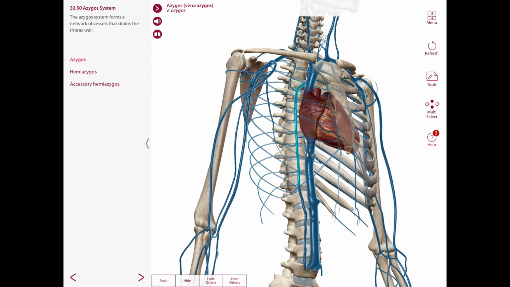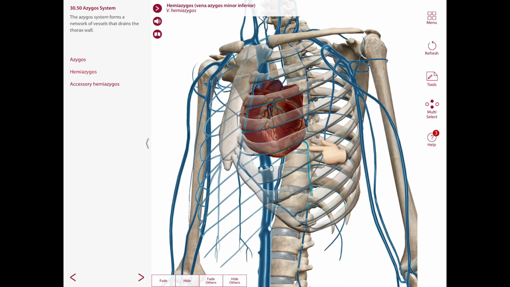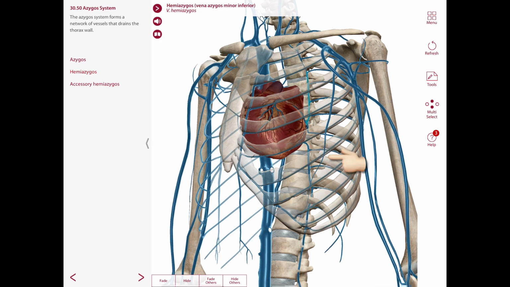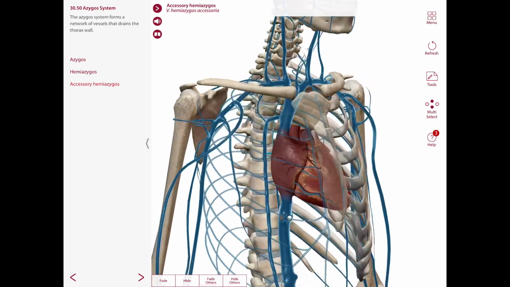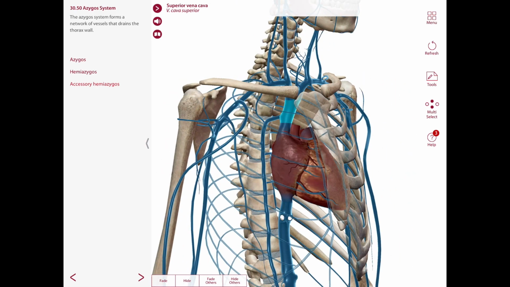One is the hemiazygous vein, which is more inferiorly, and the other is the accessory hemiazygous vein, which is more superiorly. But sometimes they are referred to as the inferior and superior hemiazygous veins, and they both drain into the azygous vein, and then the azygous vein, remember, drains into the superior vena cava.